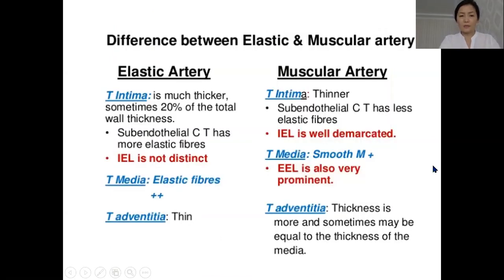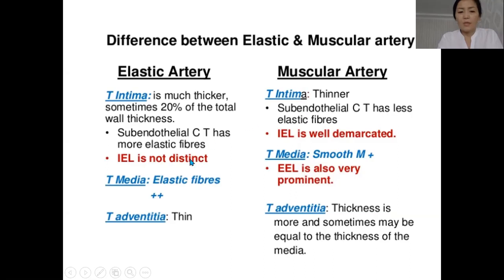Okay, let's revise again the difference between elastic and muscular artery, because you should identify muscular artery from elastic artery. Tunica intima is much thicker in elastic artery than in muscular artery. Internal elastic lamina is not distinct in elastic artery, but is well demarcated in muscular artery.